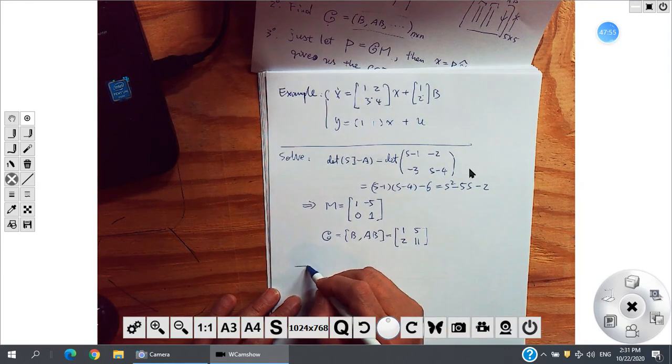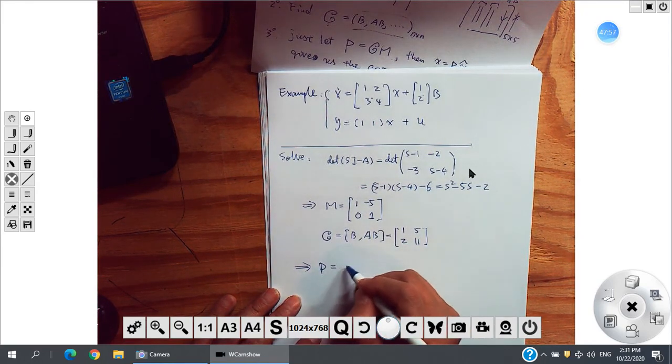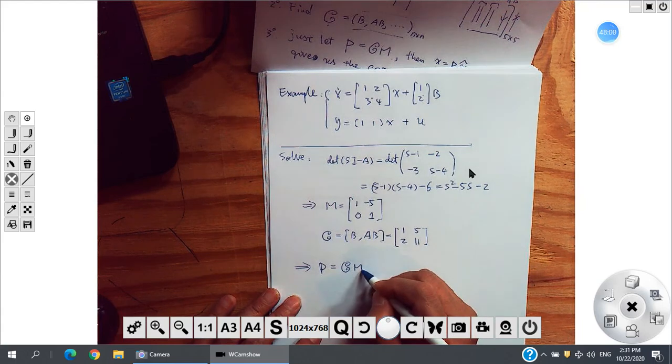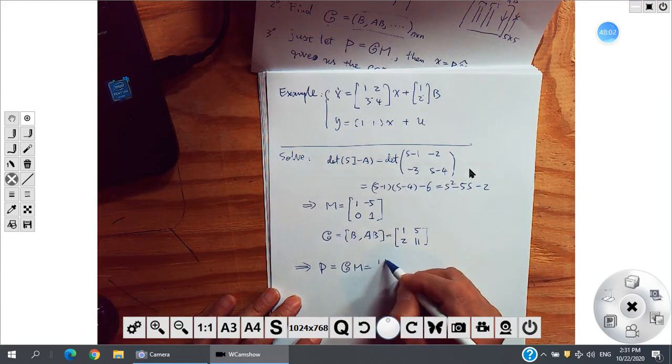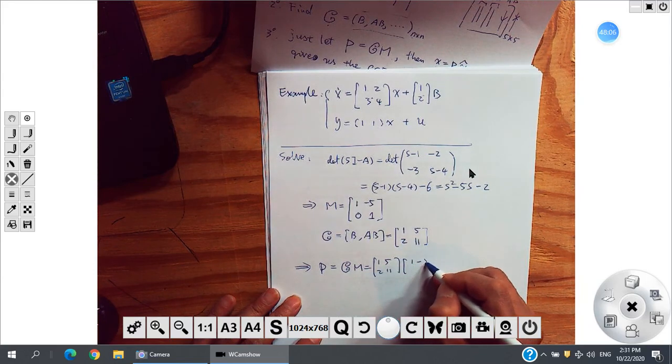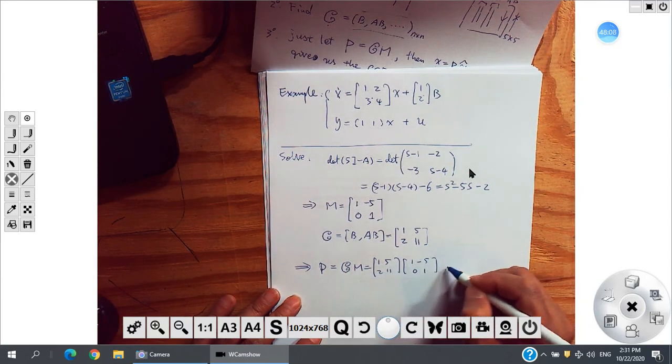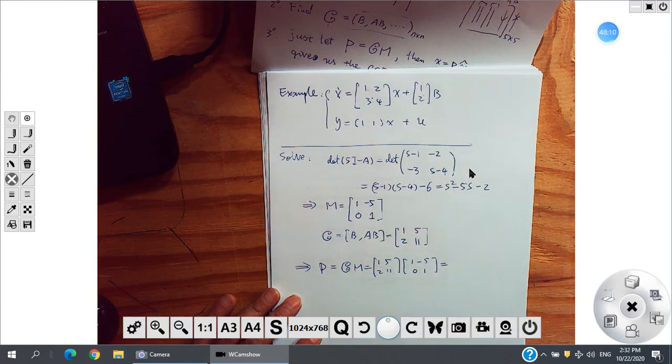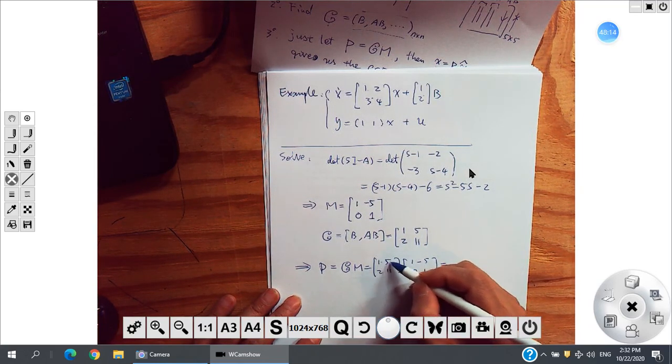Then we have P equal to C times M. C is 1, 5, 2, 11 times M is 1, negative 5, 0, 1. Just do some calculation. 1, 5 times 1, 0, I get 1.